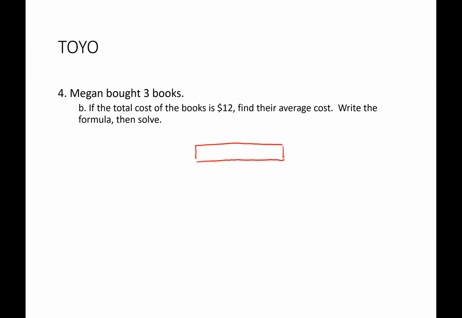This one gives us real numbers, so we can actually solve this, but their total cost is $12. She bought 3 of them. When it says find their average cost, it means that the price of the books is all going to be the same. What do I do to find the price of one of those units there or one of those books?